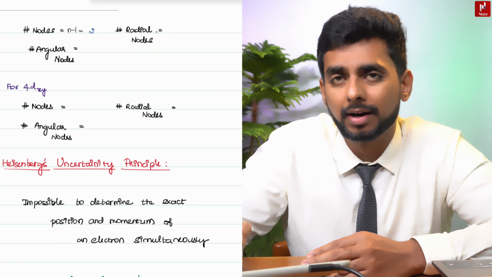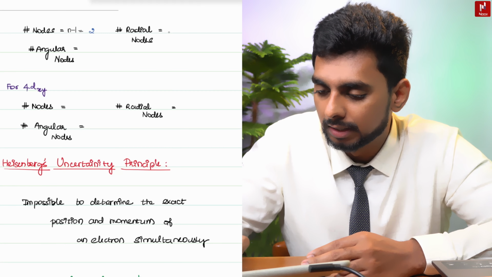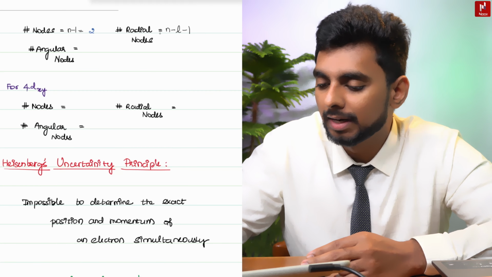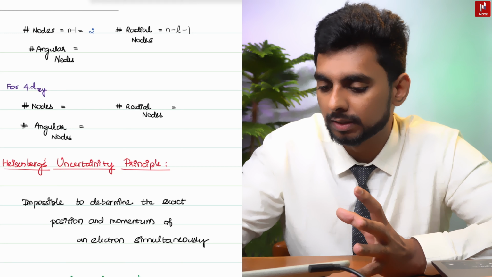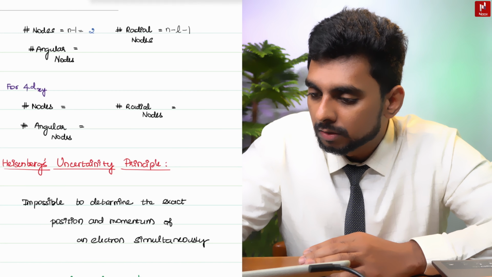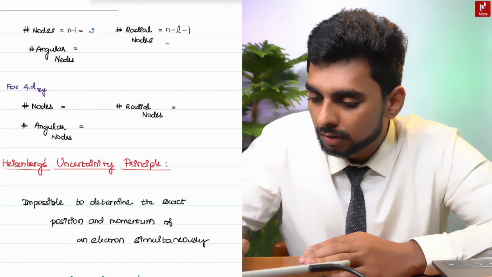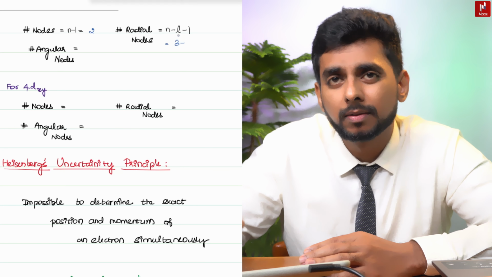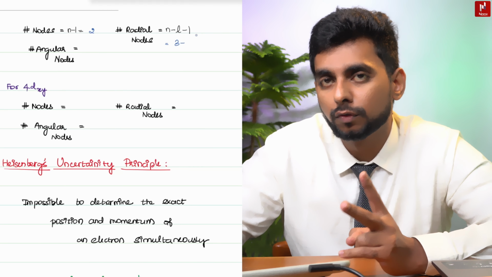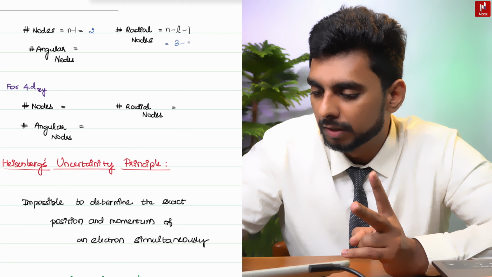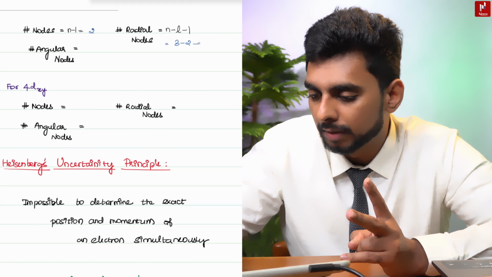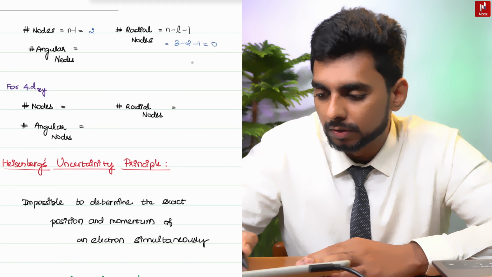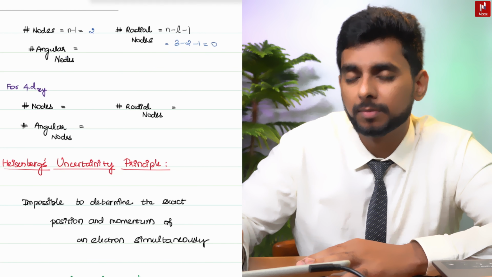Then to find the radial node, the formula that I generally use will be n minus L minus 1. I just know you will not have any radial nodes into it, right? So here if you just use this one, you will have 3 minus L. L is 2 for the d subshell or orbital. So that will be 3 minus 2 minus 1, which will give me 0. So here it was equal to 0 for the number of radial nodes.